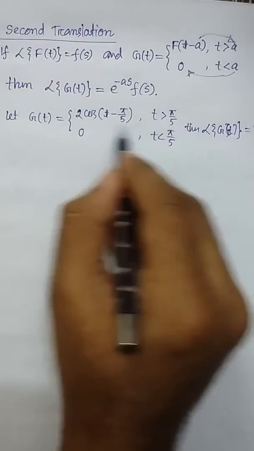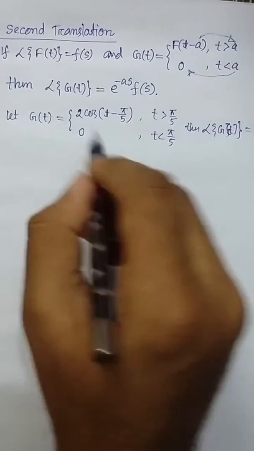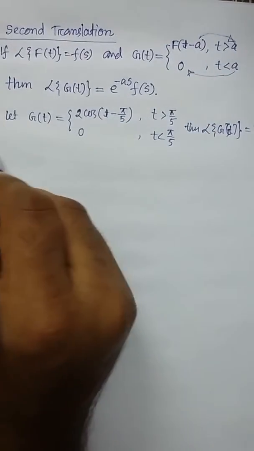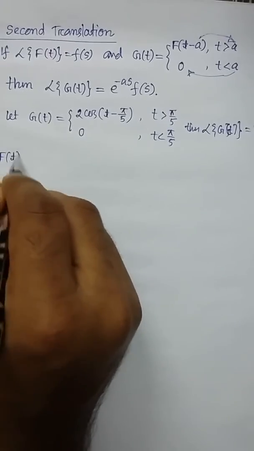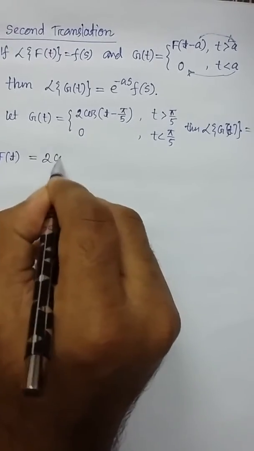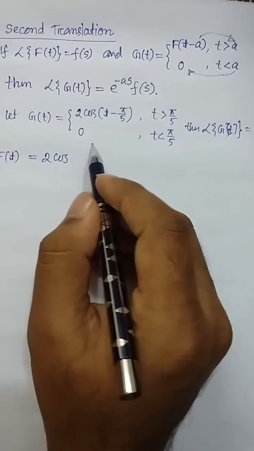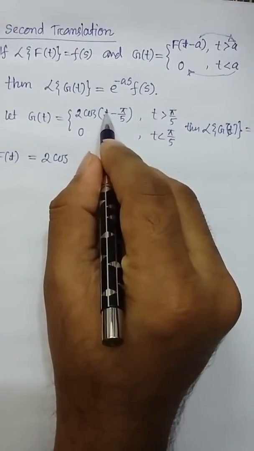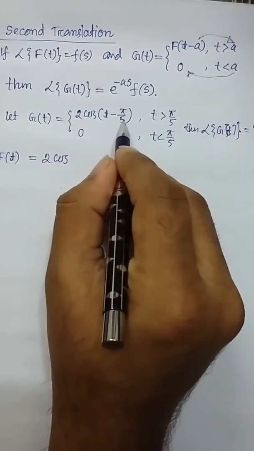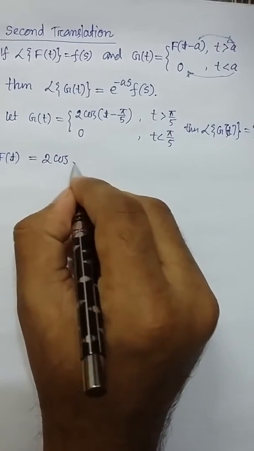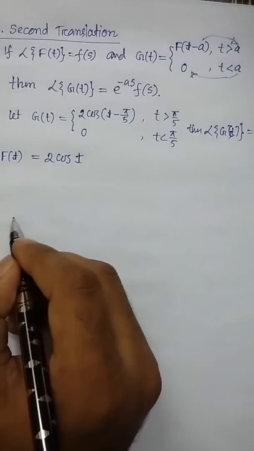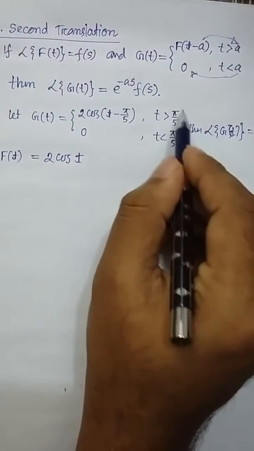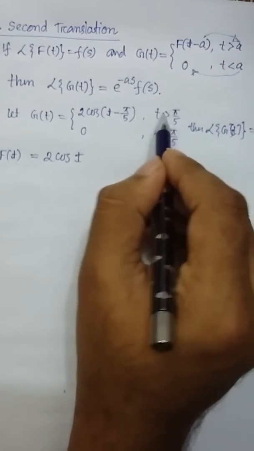Comparing this problem with the second translation, we get f of t equals 2 cos t. The one thing we have to remember is that we should not write this function in the form t minus pi by 5. Rather, we write 2 cos t, the basic function, skipping the conditional constant part.